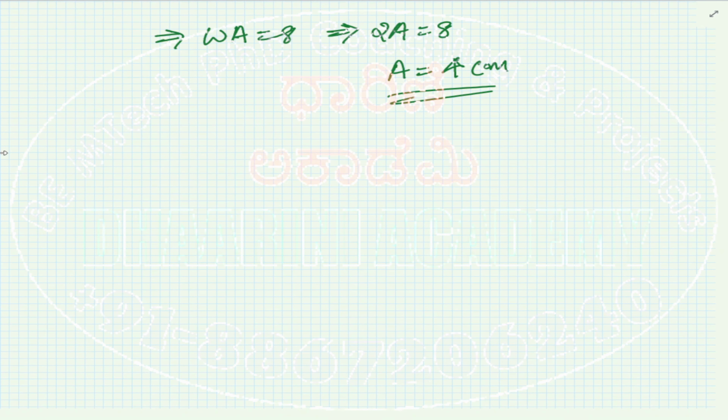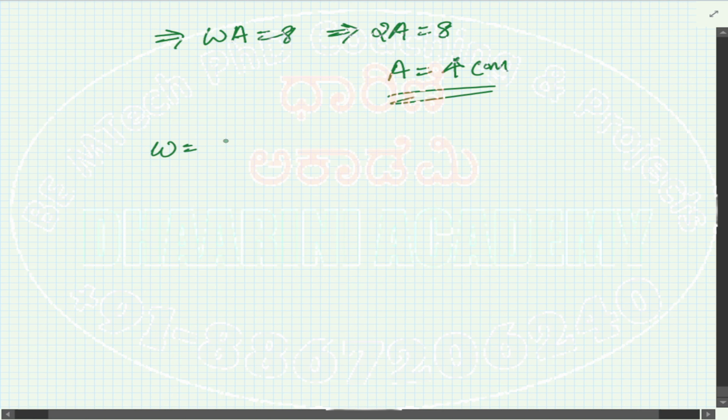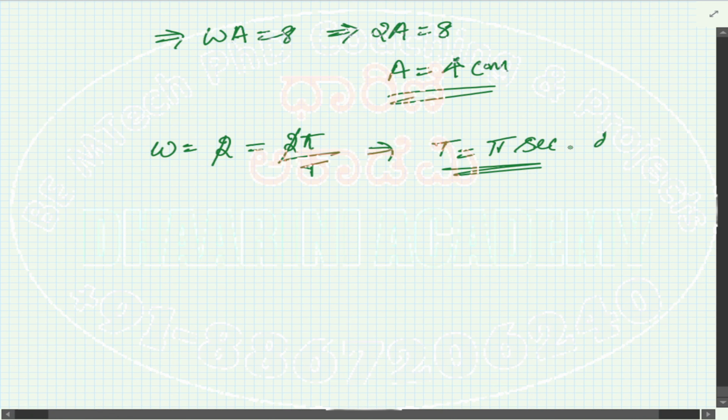So you see omega is known to us now. Omega is equal to 2. This is equal to 2 pi divided by capital T, where T is the time period. So 2 cancels and T goes to other side. So this implies T is equal to pi seconds. That is the required answer.